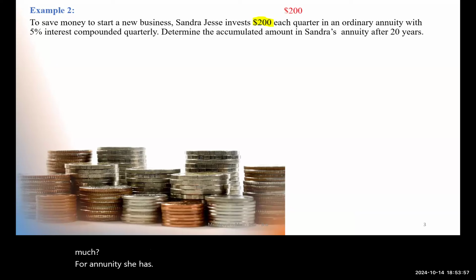Principal 200, interest rate 0.05, quarterly, n equals 4. The time is 20 years.